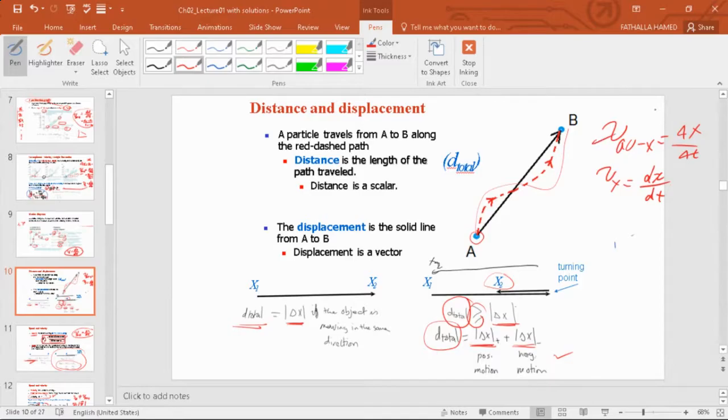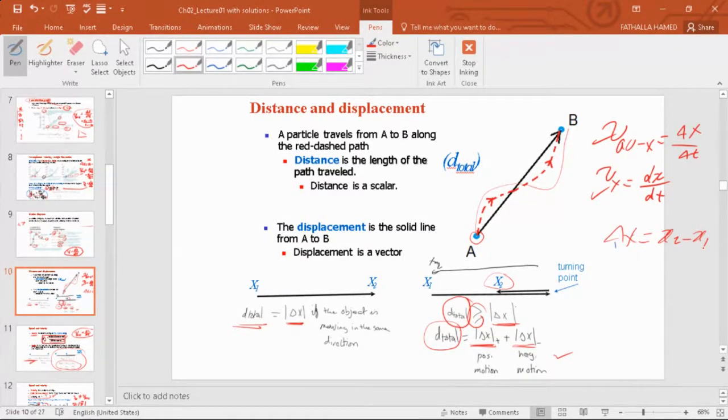This is average velocity, and this is instantaneous velocity. But when it comes to moving between two different positions, we talked about displacement, and we said that delta x is equal to x2 minus x1.